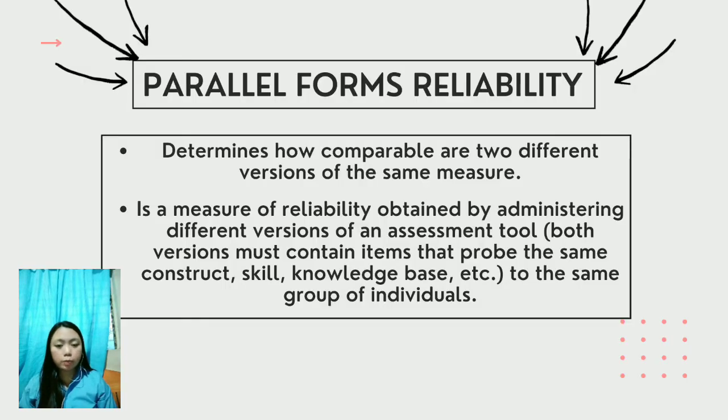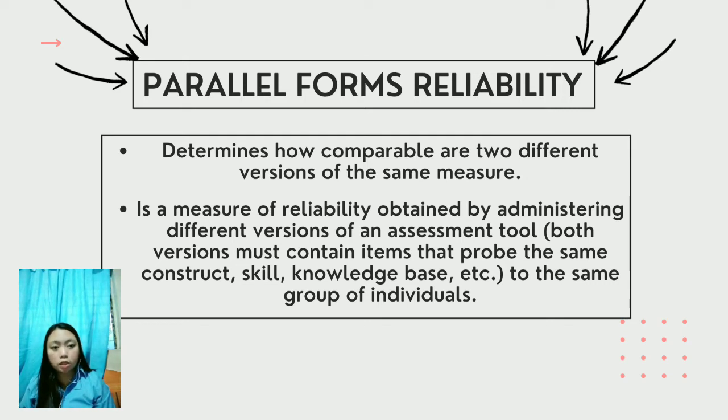Now, let us proceed to the second method of calculating reliability of an instrument. The next one is the parallel forms reliability. The parallel forms reliability determines how comparable two different versions of the same measure are. It is a measure of reliability obtained by administering different versions of an assessment tool.